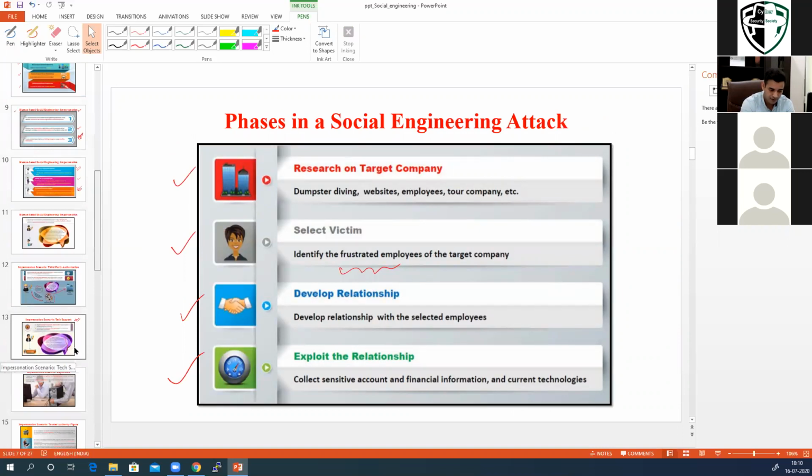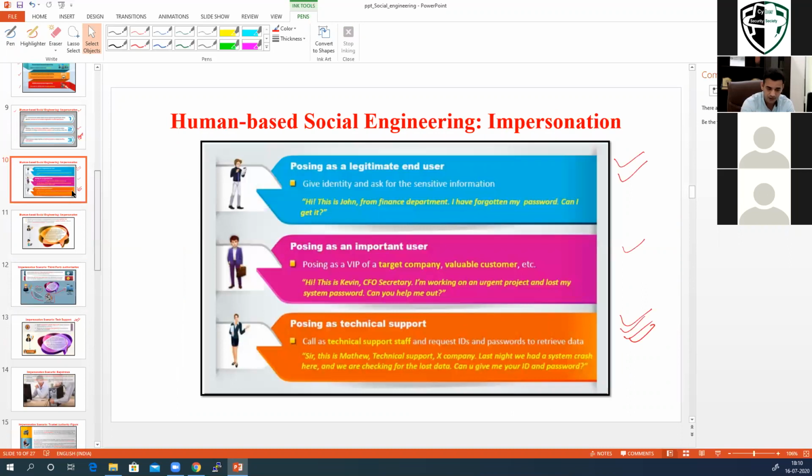Now, what are the categories? We are focusing on the categories, and till today's lecture I have focused on the human-based category, and I have told you something about computer-based activities. I think I should stop here because I am over time. We'll complete this tomorrow, and then we will show you a demo of how impersonation is actually done.